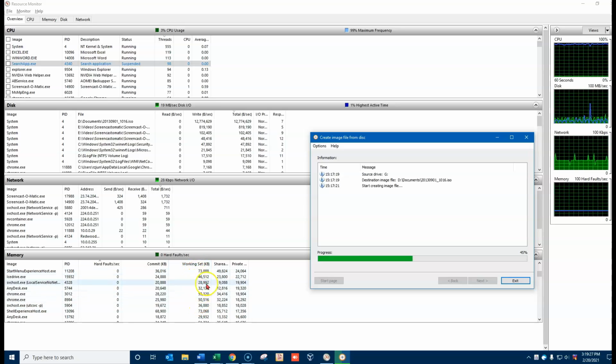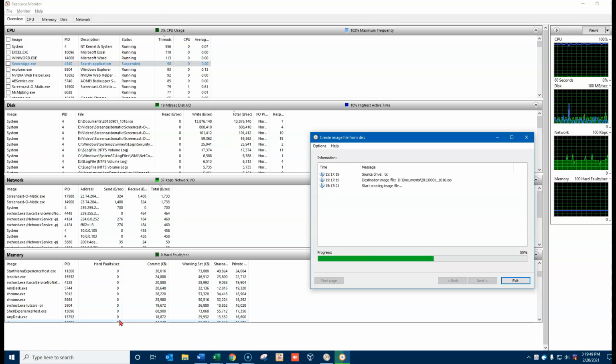There is memory in use here, and this is probably using some of that memory, but what's being reported is faults per second. When would faults per second actually get larger? Well, that would happen as we run out of memory. If I'm using a lot more memory than I have, what would occur would be that RAM, or information that's in RAM, would be transferred over to my disk drive, to this disk.